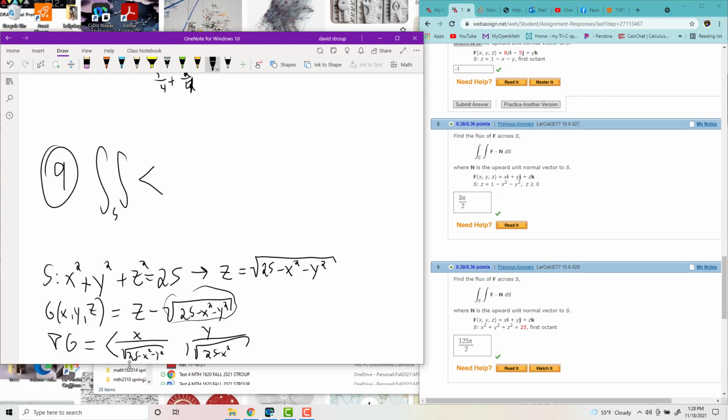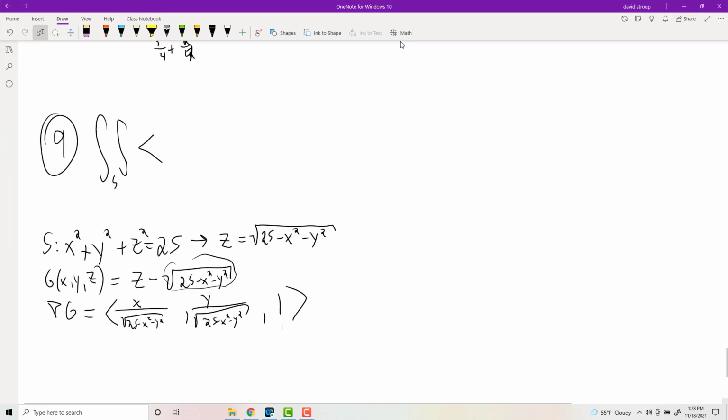You have to do a power rule: rewrite the radical as a power of 1/2, bring down the 1/2, times 25 minus x squared minus y squared to the negative 1/2, and then times negative 2y or negative 2x. I'm going to do it right over on the right here.